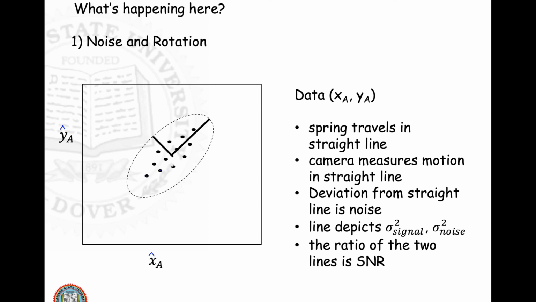And these points, let's just imagine these are positions of that mass as it has been traveling in a straight line, or close to a straight line. Now, let's assume that our camera A in this case can measure the motion, and that motion occurs on a straight line. And therefore, any deviation in the motion of the camera from the straight line is certainly noise.